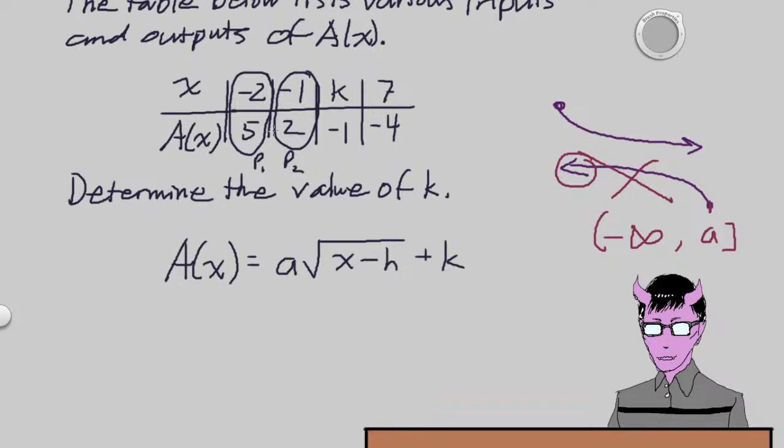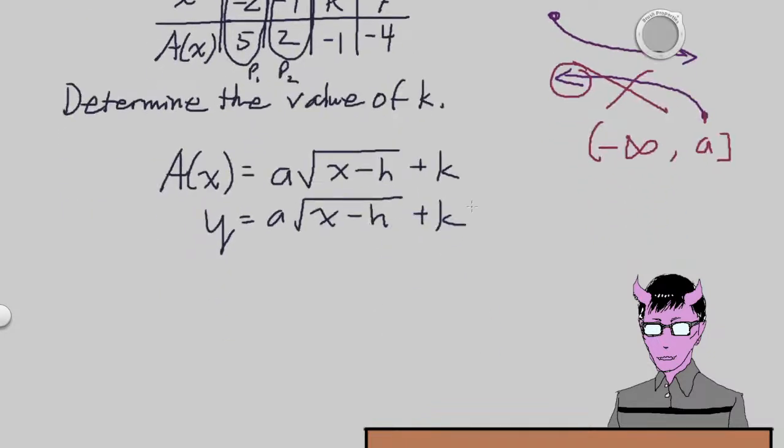So all we're going to do is some plug and chug, and then probably we're going to have to work with a system of equations. Because let me change this from a of x into y, just to show you how many unknowns we have. Okay, so this is again just a skeletal equation. That will be one letter, 2, 3, 4, 5.